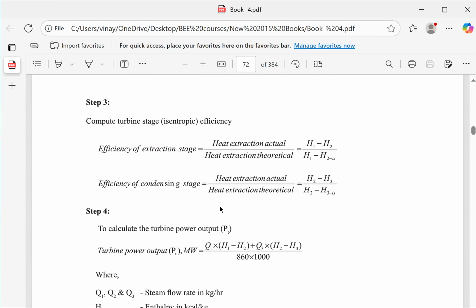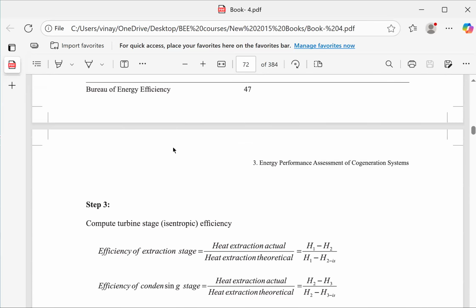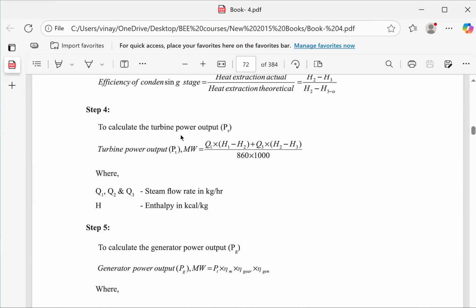To calculate the efficiency is to calculate turbine power output P. P turbine is equal to Q1, the live steam flow, multiplied by H1 minus H2, plus Q3 times H2 minus H3, upon 860, which is the kilocalorie equivalent.